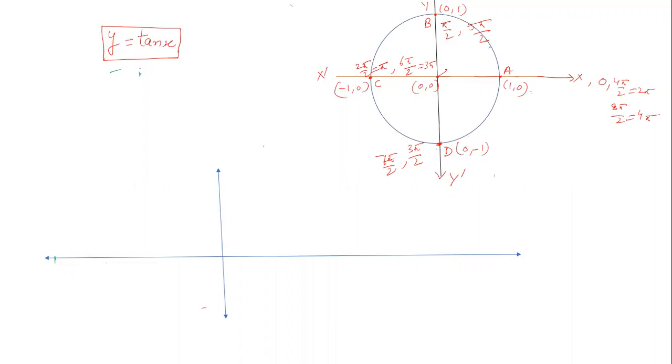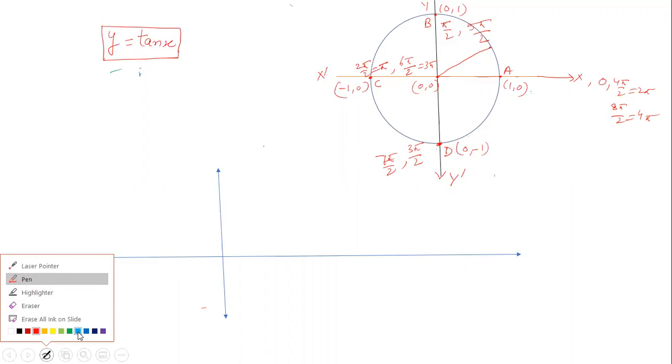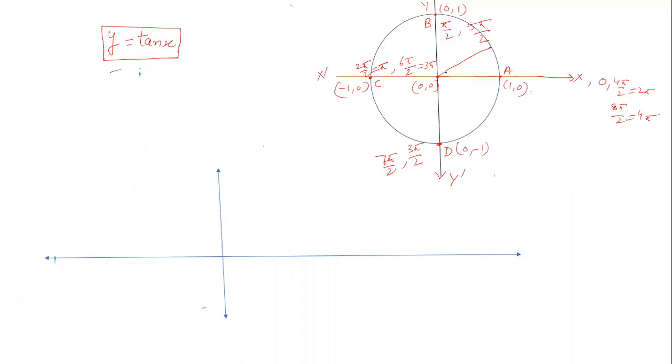Suppose this angle is theta. Let me take another circle. Say this angle is theta, and if I draw a perpendicular on the x-axis, this is x, this is y, and this is 1. From here you can see tan theta equals y upon x. Or in other words, tan theta equals sin theta upon cos theta.